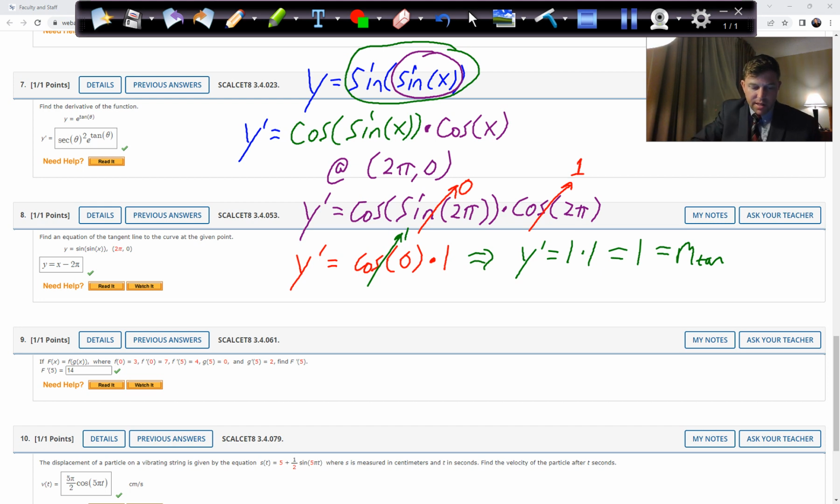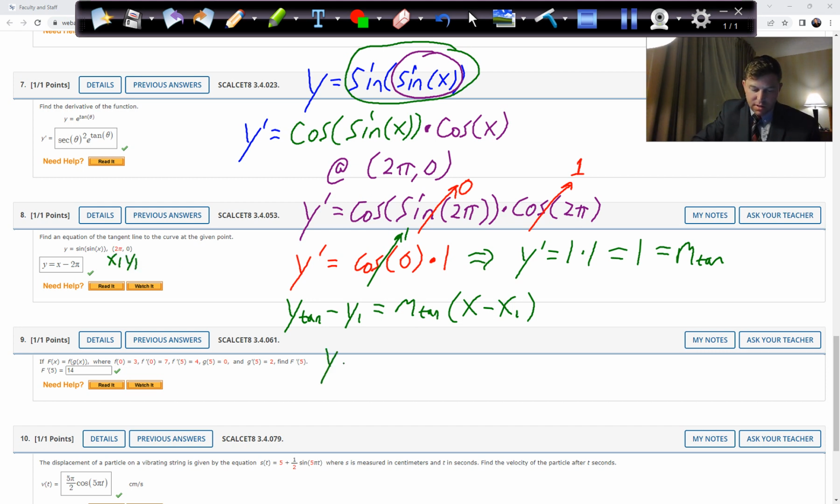And the formula we need for the overall tangent line is y minus y1 equals the slope of the tangent line times x minus x1, where x1 and y1 were given to us as 2 pi and 0.